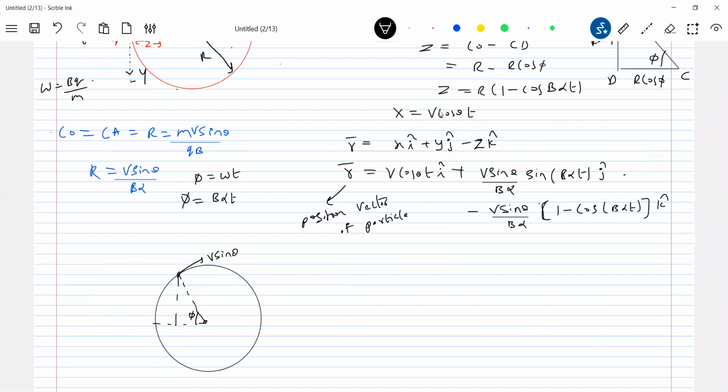This is phi. This will be phi. This will be phi. Okay, so there's a point, you know. This is the center C, and this is the origin. So what is the direction? This is the y-axis, and this is the minus z.